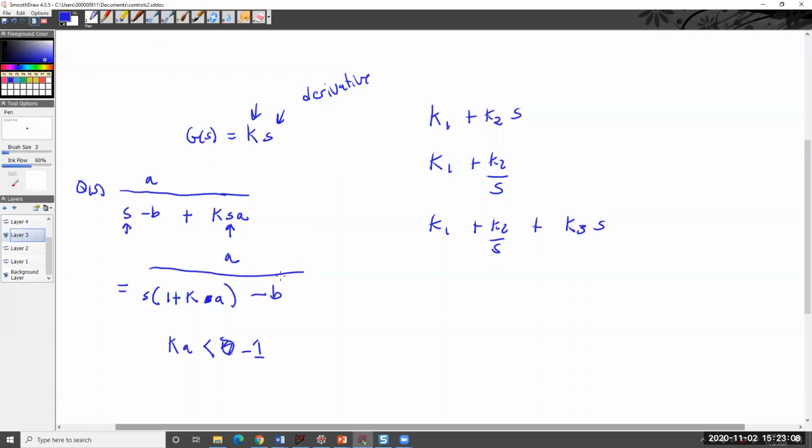So that's very correct. If you allow K to be negative, there is a way to get this to be in control.